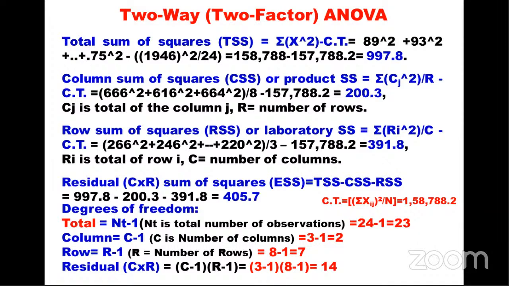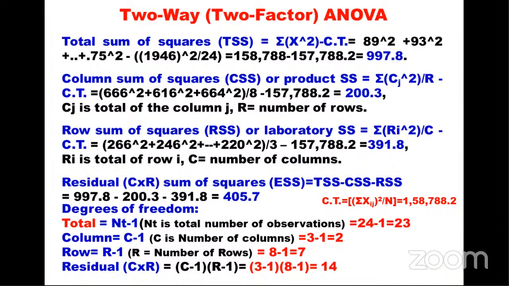We calculated TSS by the formula and it comes to 997.8. CSS comes to 200.3. RSS, the row sum, comes to 391.8. Using all 3 values, we calculated ESS, which comes to 400.7.